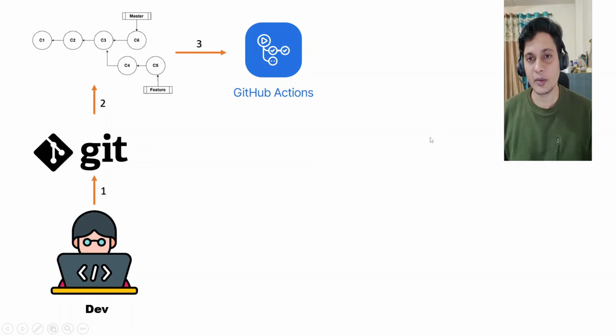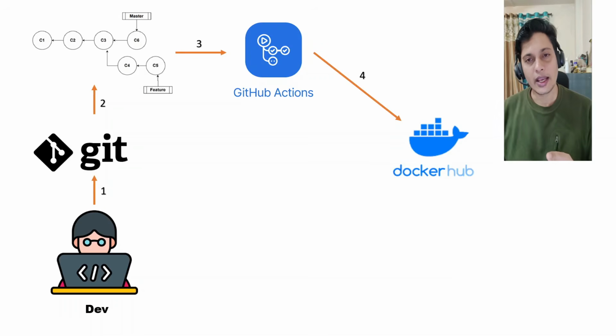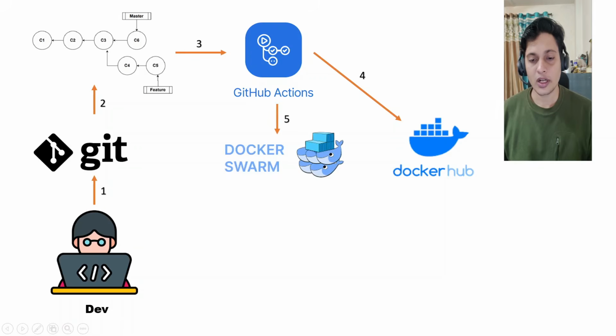This GitHub Action will create a connection with Docker Hub. And for the application which has the new feature after the merge, this GitHub Action will create the image, and this image will be pushed to Docker Hub after creating the connection.